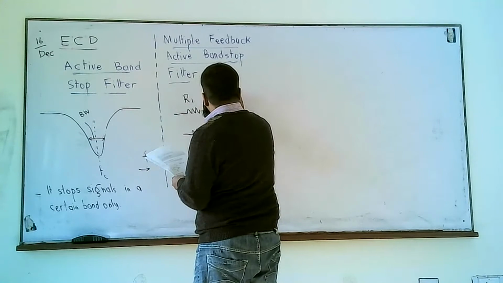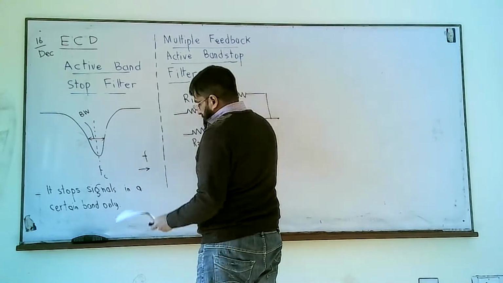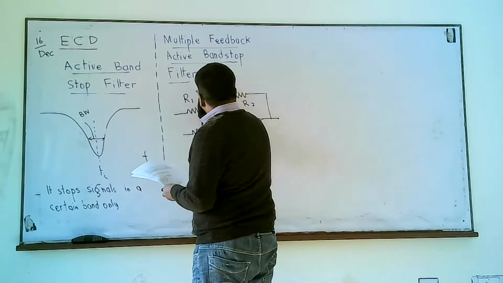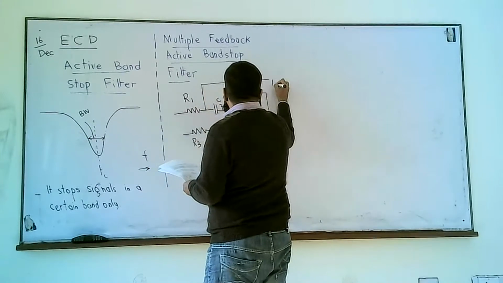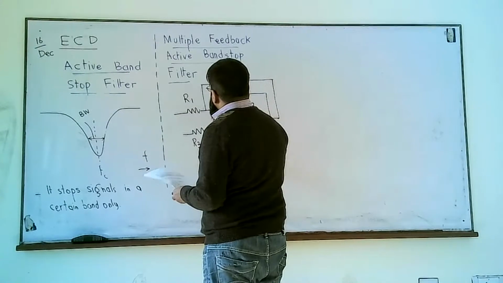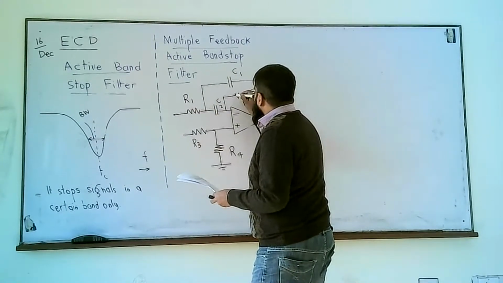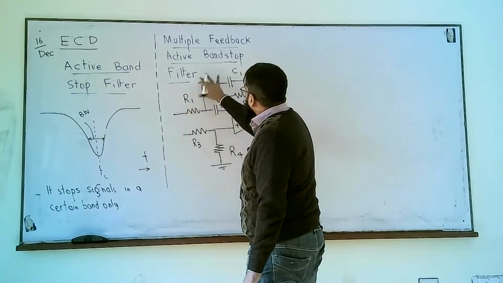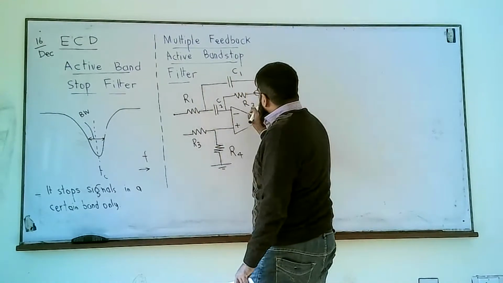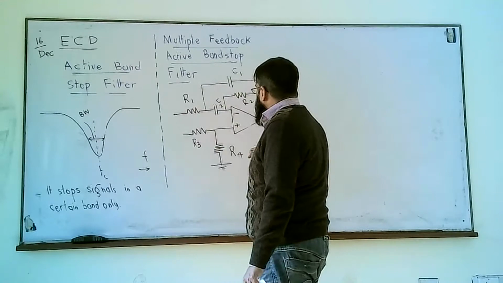We have C2, R2, and this is R1, and we have a capacitor from the output to the input, C1. So now we have one low pass and one high pass filter implemented in only one op amp. This R1 C1 forms a low pass filter, as we studied in previous lectures, and R2 C2 forms a high pass filter.